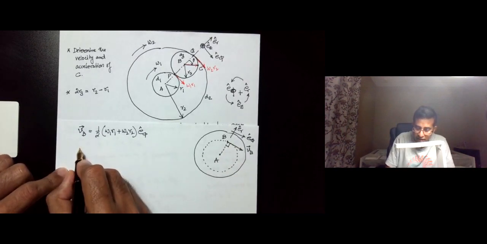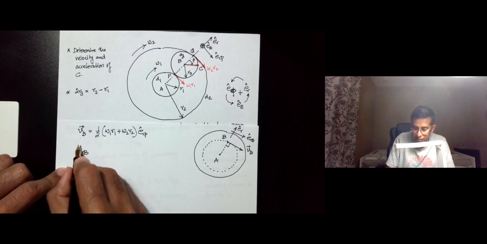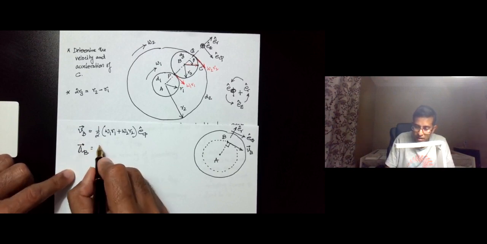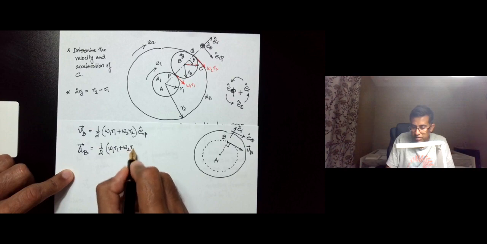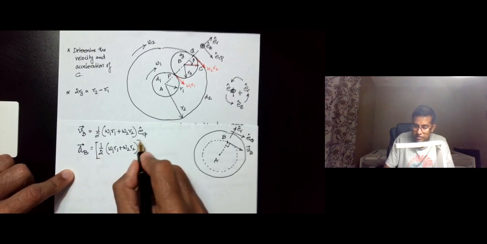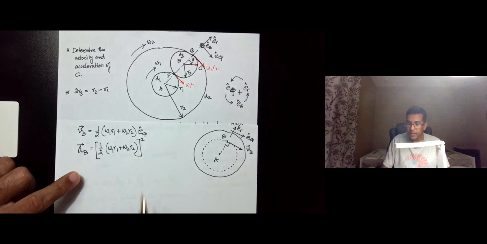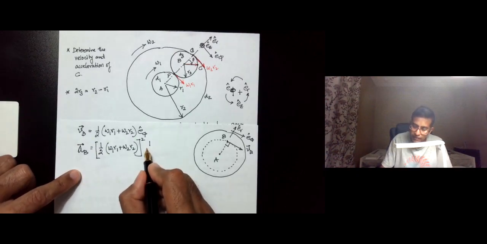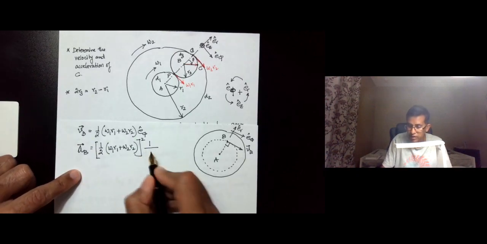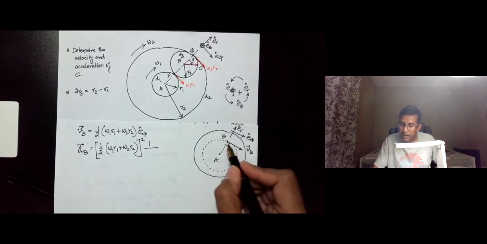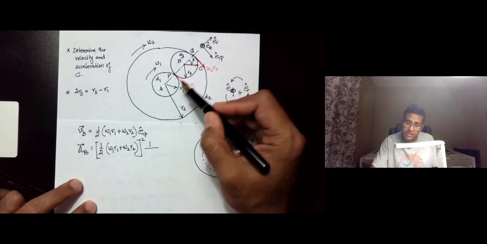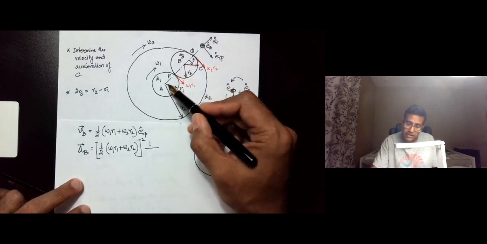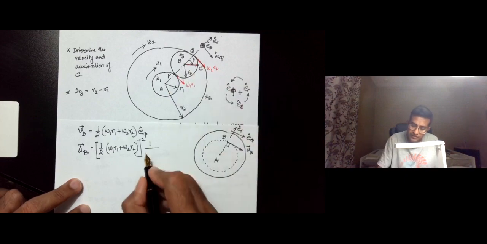So essentially the acceleration of B is equal to half of omega 1 R1 plus omega 2 R2, whole thing squared, divided by, so I'm doing times 1 divided by the distance from A to B. Now if you go back to the diagram here, you see the distance of A to B is R1 plus R3.